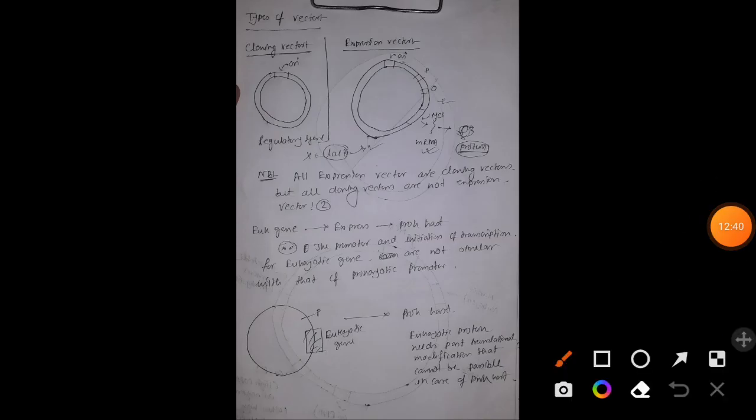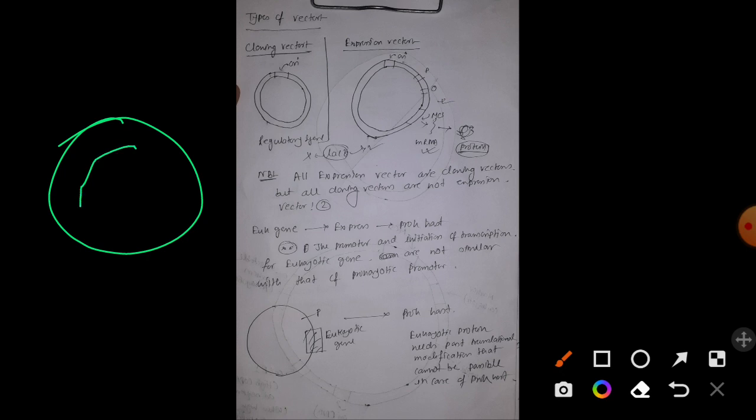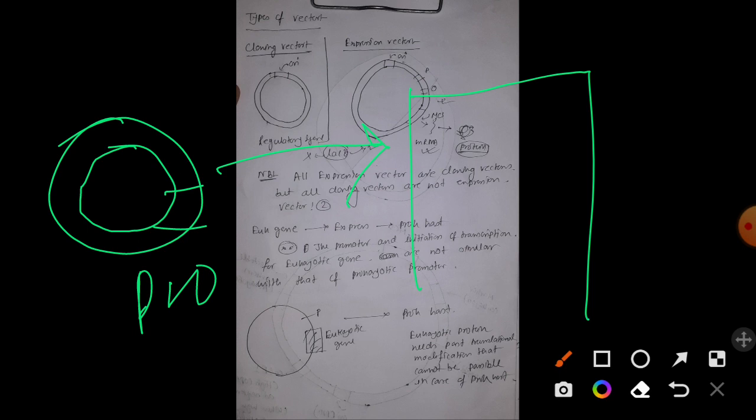Now after clearing our concept on expression vectors, scientists face a new challenge. What is the kind of challenge? They sometimes try to use a prokaryotic origin of replication and deliver it inside a eukaryotic host, because their gene of interest, let's say, was eukaryotic.